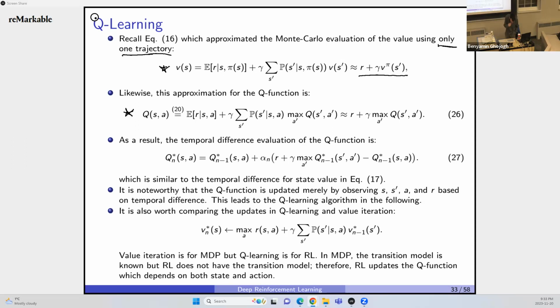Here I have action rather than policy. Rather than V, I have maximum Q with respect to A prime. What is this? The Q function for the next state and the next action, but maximized with respect to the next action. What do I mean? In the next state, what is the best reward that I can get across the different actions that are possible to me?